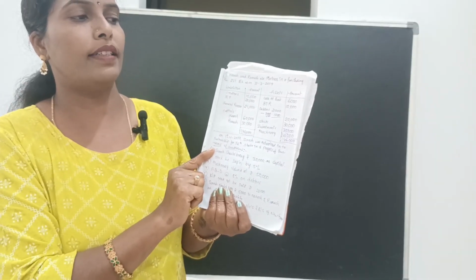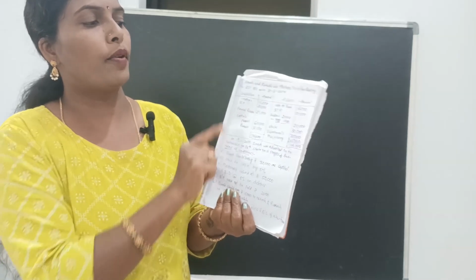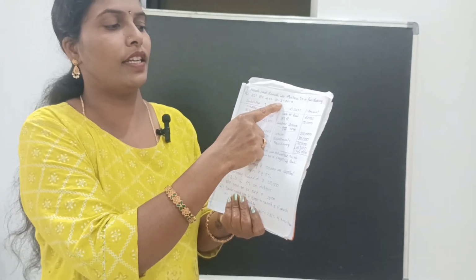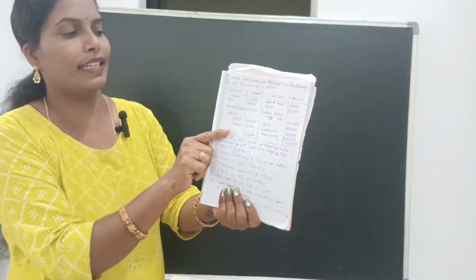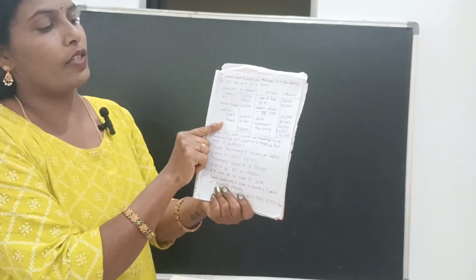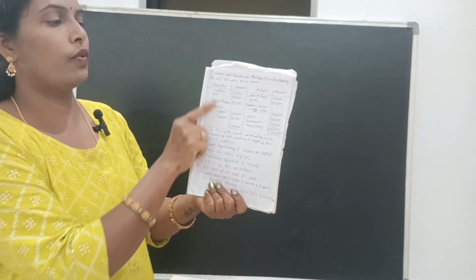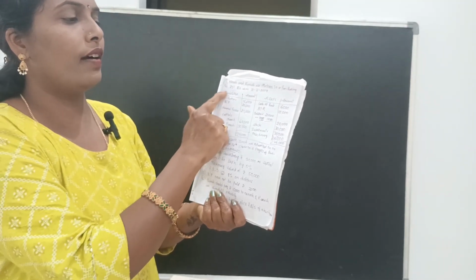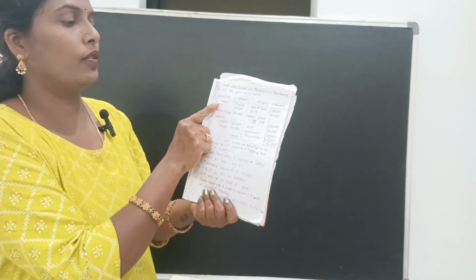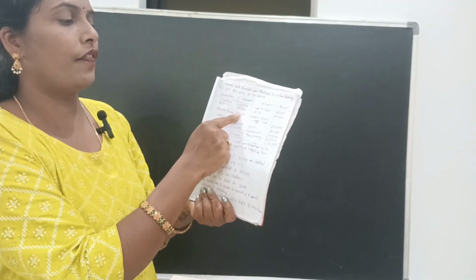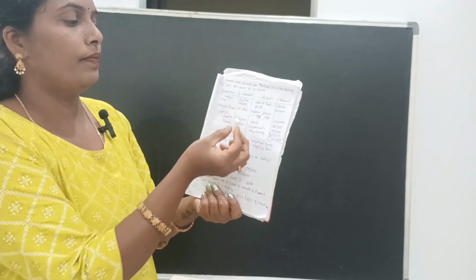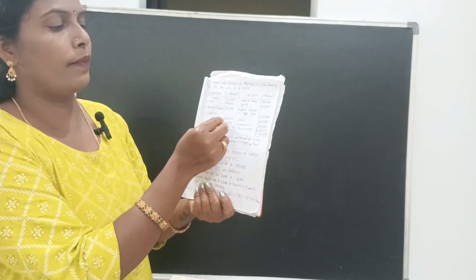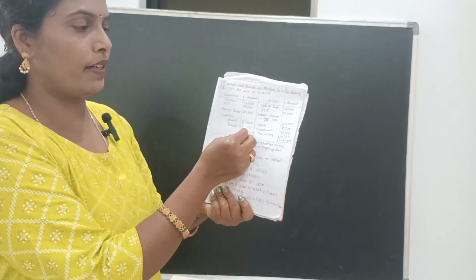Naresh and Ramesh are partners in a firm sharing profit and loss in the ratio of 2:1. Their balance sheet as on 31st March 2019: on the liability side, creditors are 15,000, bills payable 20,000, general reserve 21,000, capital of Naresh and Ramesh 60,000 and 30,000 respectively.